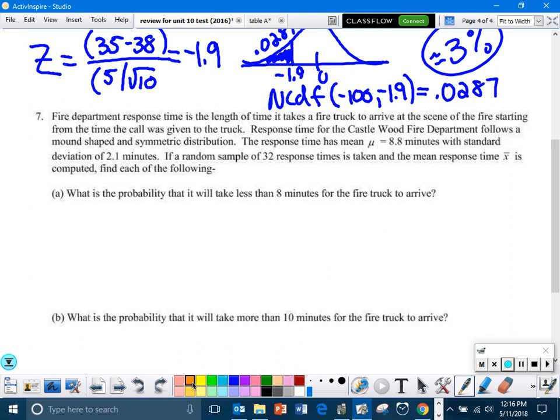The response time has a mean of 8.8 minutes and a standard deviation of 2.1 minutes. If a random sample of 32 response times is taken and the mean response time x is computed, find each of the following. So what is the probability that it will take less than 8 minutes for the fire truck to arrive?